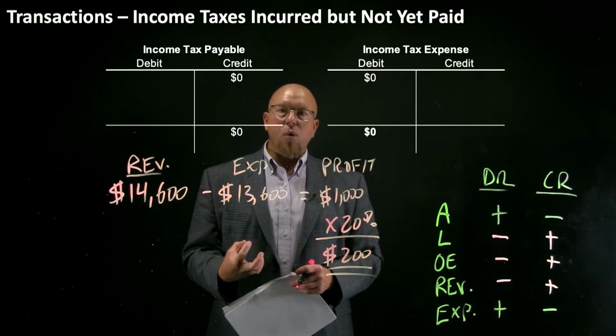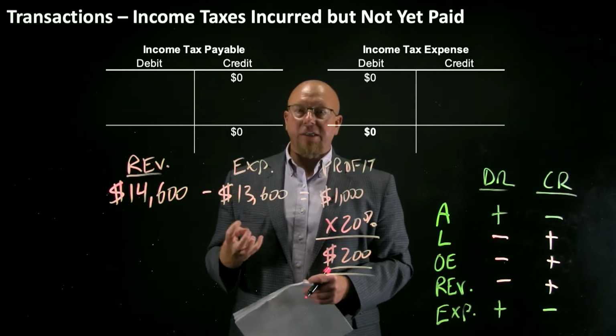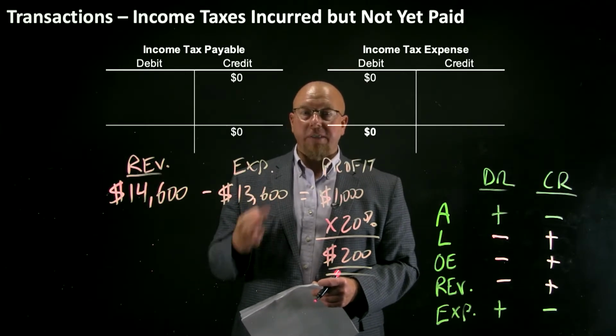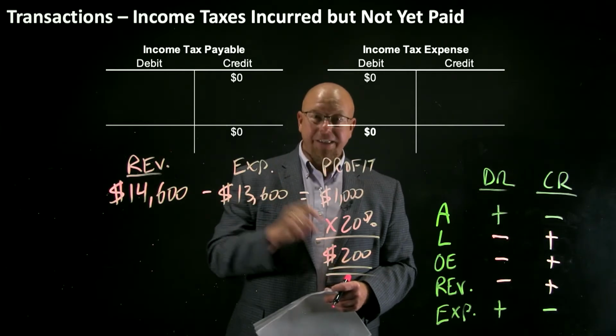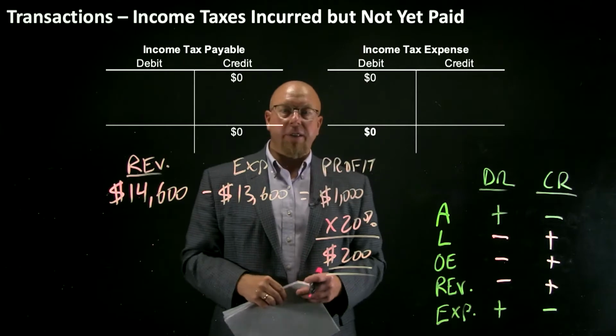So even though we're not going to spend this $200, we're not going to pay it to the United States Treasury just quite yet, we need to report this expense in the month and match it, really. We're trying to match this expense with the revenues and the other expenses that relate to that particular period.